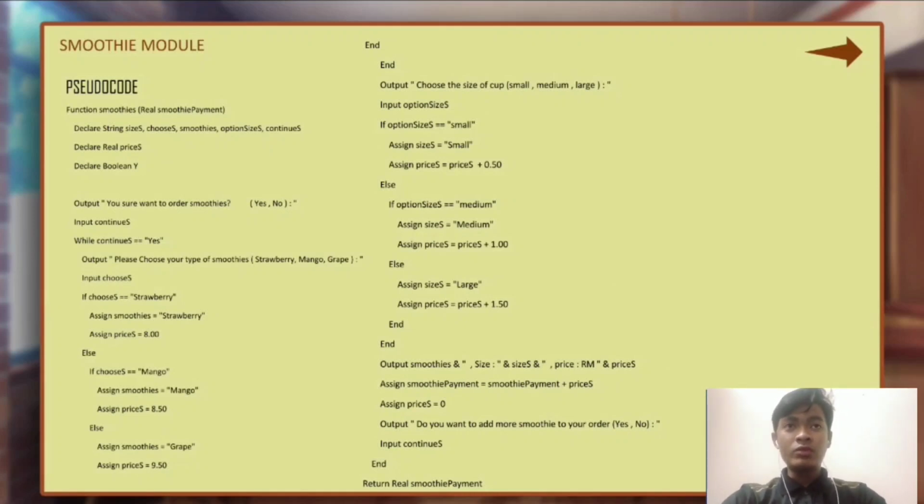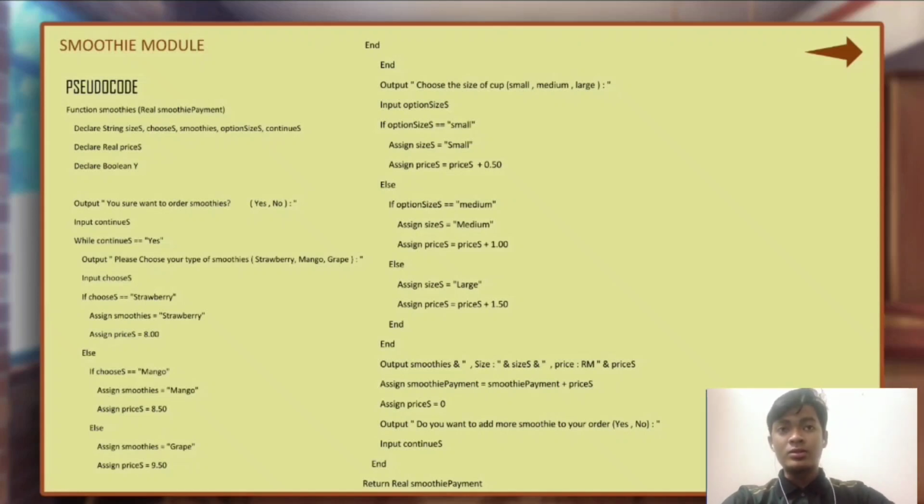First, the program will display the type of smoothie. The choose variable will retrieve the data from the user. The first selection is choose equal to strawberry. If true, it will do the true action in the section. If false, it will go to another selection.